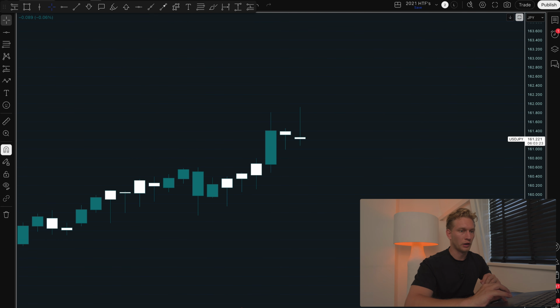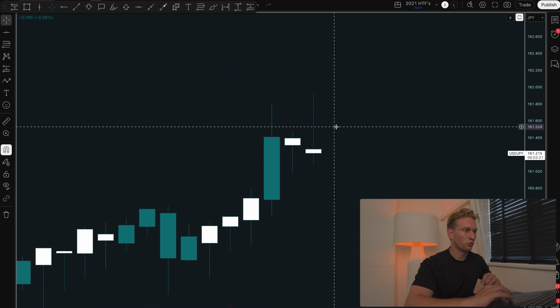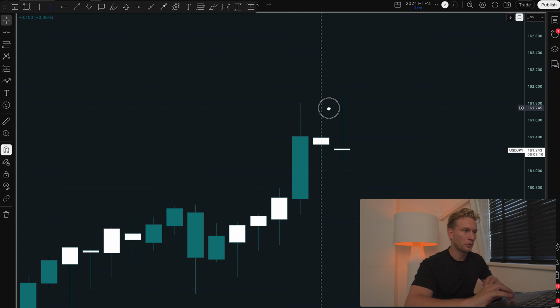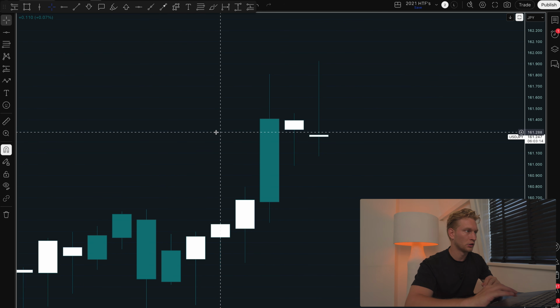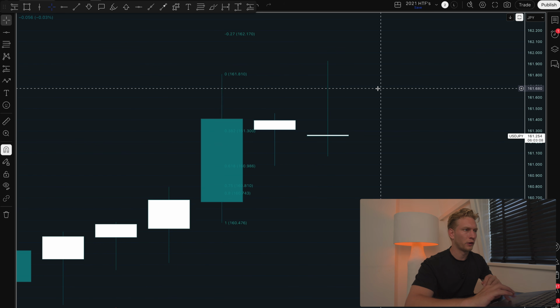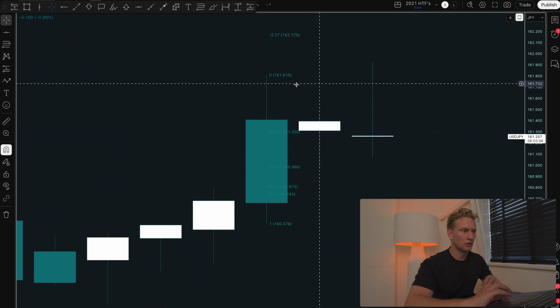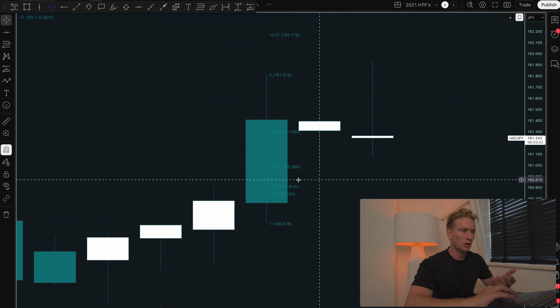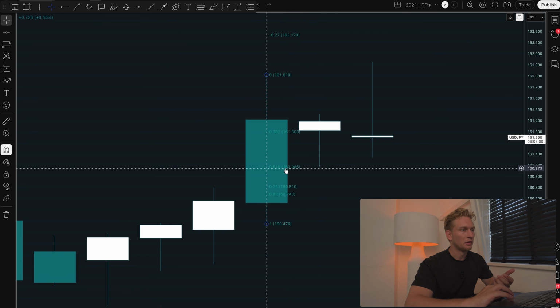So right here, currently we are on dollar-yen daily time frame, and we have this big strong candle. And after this big strong candle happens, I want to draw in my Fibonacci retracement tool and look for trades. So we take the low to the high, and then we have these values again, right? 161.81, and we have 160.476. We can calculate what 0.618 is, but for now, this tool already showed us obviously 160.986.